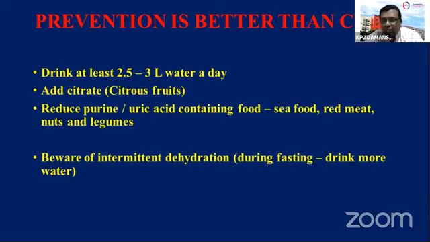Now, I mentioned earlier, stones are formed because of supersaturation of the urine. So how do you prevent supersaturation? You make the urine more diluted. So drink a lot of water. You should drink at least 2.5 to 3 liters of water a day, as long as your medical condition permits it.